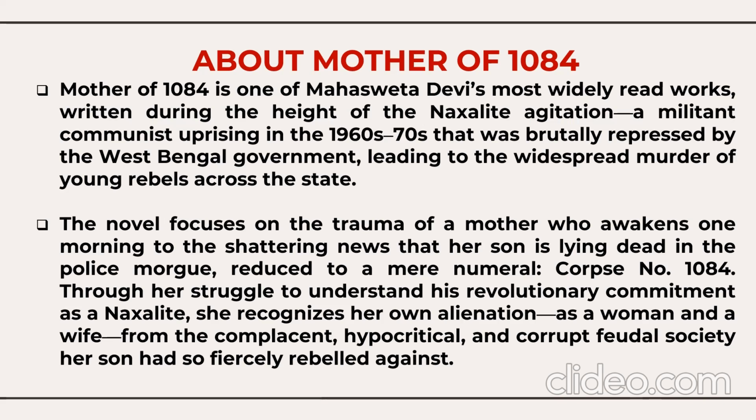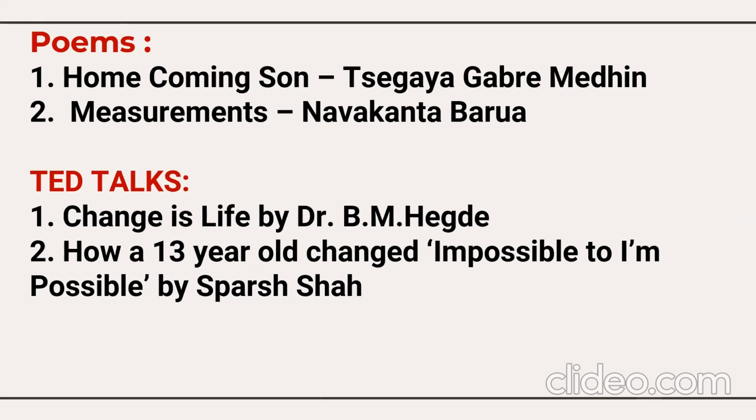Through her struggle to understand his revolutionary commitment as a Naxalite, she recognizes her own alienation as a woman and as a wife from the complacent, hypocritical, and corrupt feudal society her son had so fiercely rebelled against. So that's about the Mother of 1084, 30 marks questions.